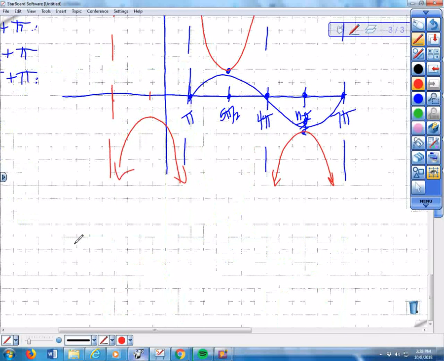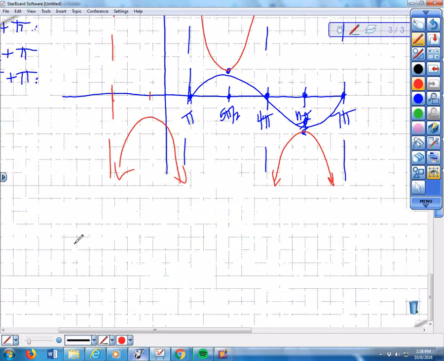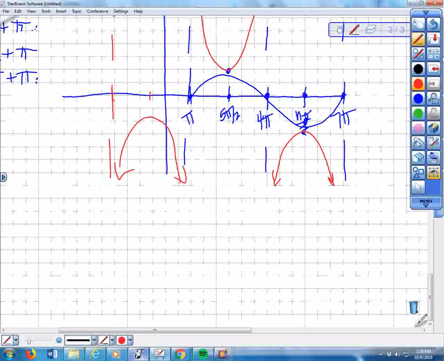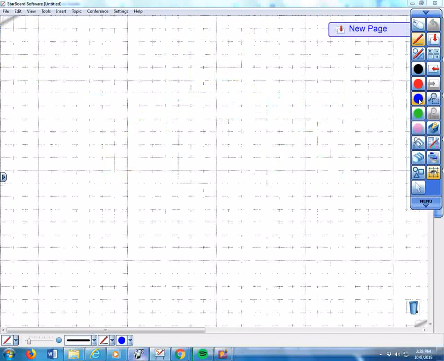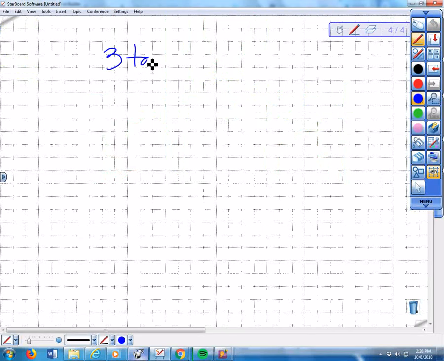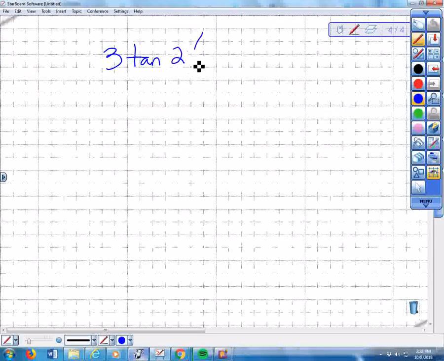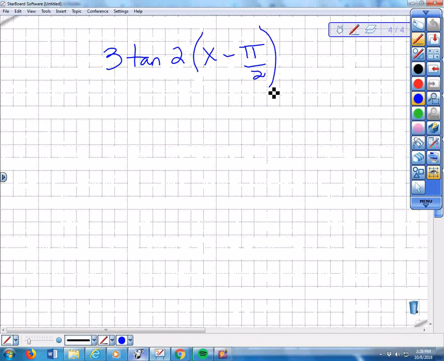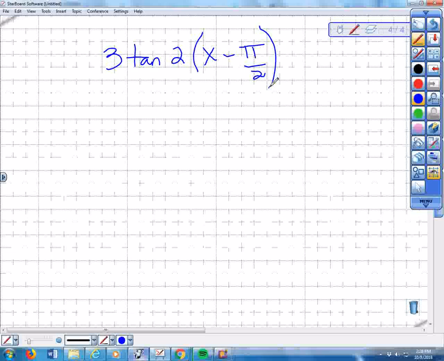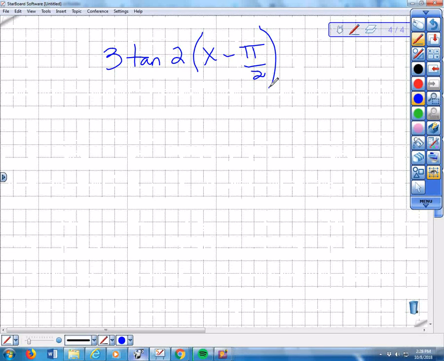Let's do, okay, it's already factored, which is nice. What's the period?